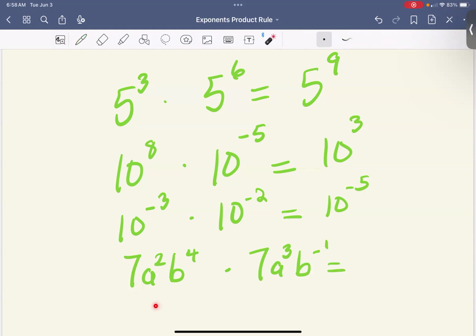So we have 7a to the second, 7a to the third. These exponents are both positive, so that's going to be 7a to the fifth. Then we have b: that's 4, that's negative 1. 4 minus 1 is 3. So our answer is 7a to the fifth b to the third.